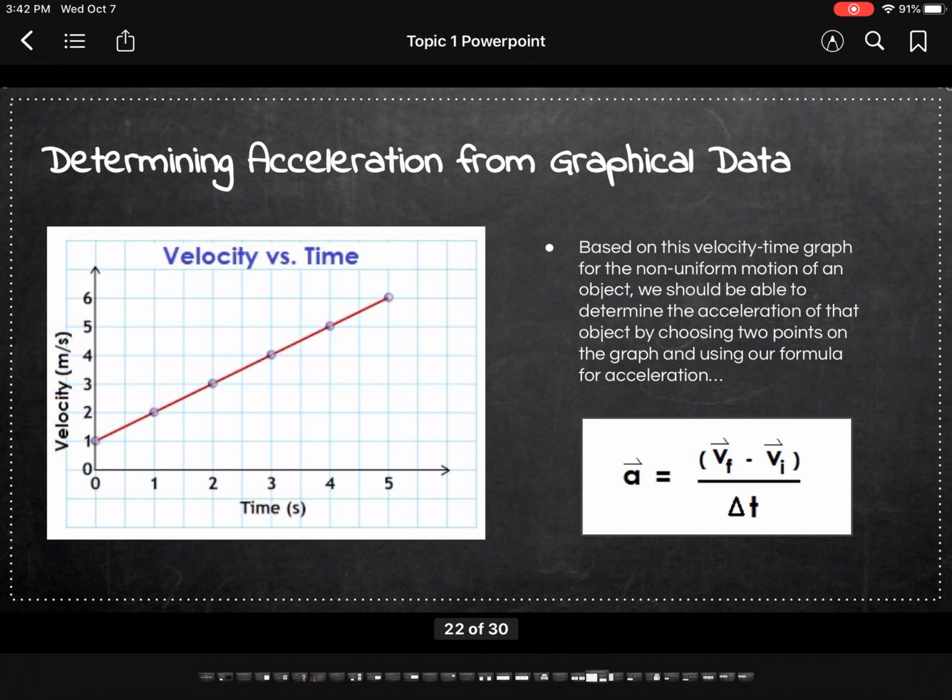So how do we determine the acceleration from a graph? Well, it's not too difficult. We just need to find out basically 2 dots on this graph, and then we can find out its acceleration. Okay.